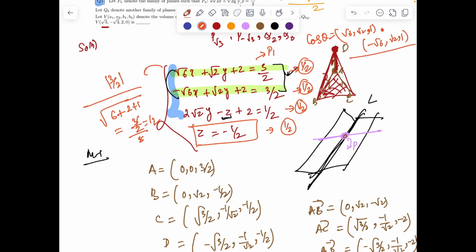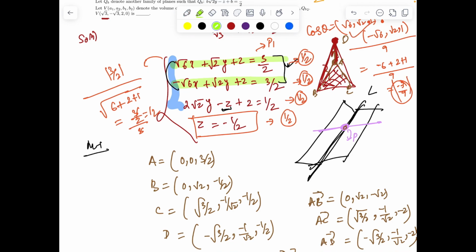That is 3 into 3, which is 9. So the numerator is minus 6 plus 2 plus 1, over 9. Right? So minus 3 by 9. Of course, we are interested in acute angles. The acute angle is cos inverse 1 by 3. Similarly, if we check the second and third, the dot product is invariant, so it's the same. First and third is the same.